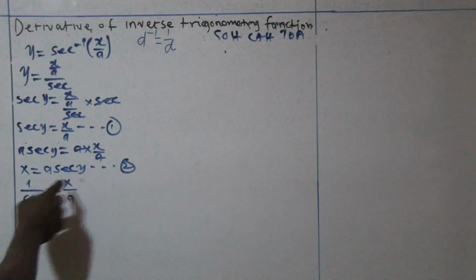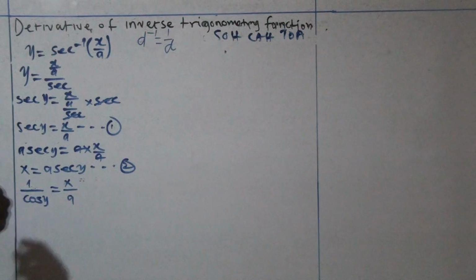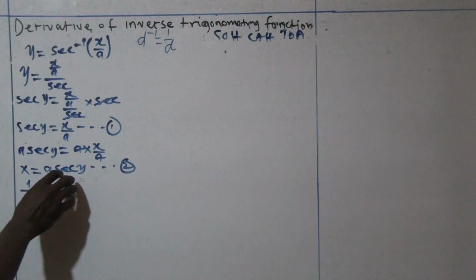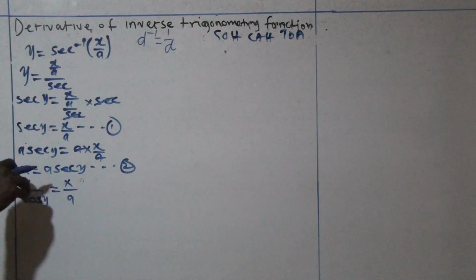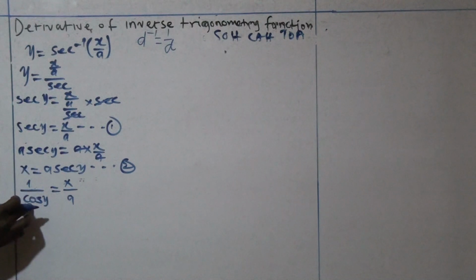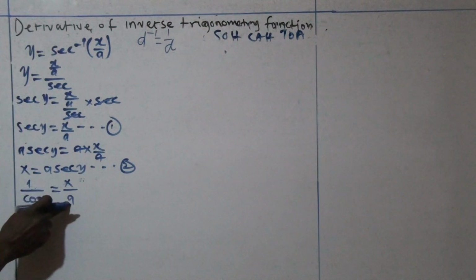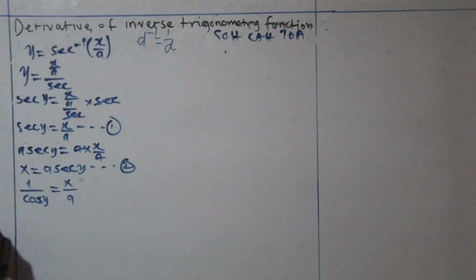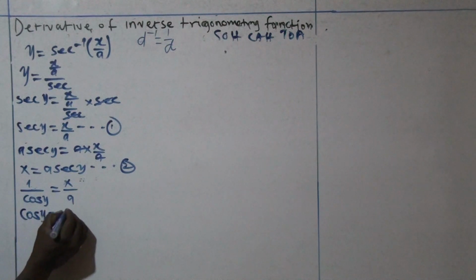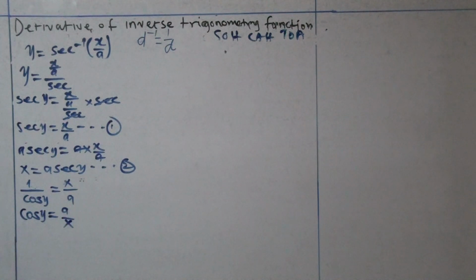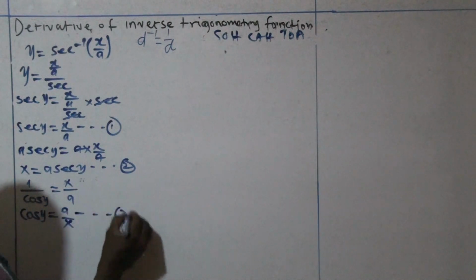If we cross multiply, or we want to obtain just cos y, if we say inverse, cos y will be at the numerator and 1 will be at the denominator. Similarly, a will be at the numerator and x will become the denominator. So here we say cos y is equal to a over x.